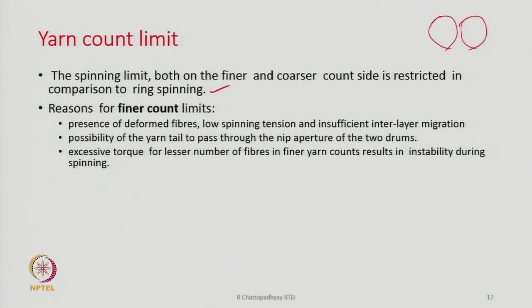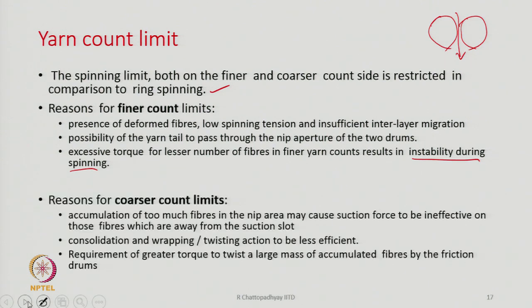If the yarn is too fine, it will pass through this gap. So, very fine count is not possible, because very fine count yarns will be much less than a millimeter in diameter, and excessive torque for a lesser number of fibers in a finer yarn count results in instability during spinning. For all these reasons we cannot really produce very fine count in this system.